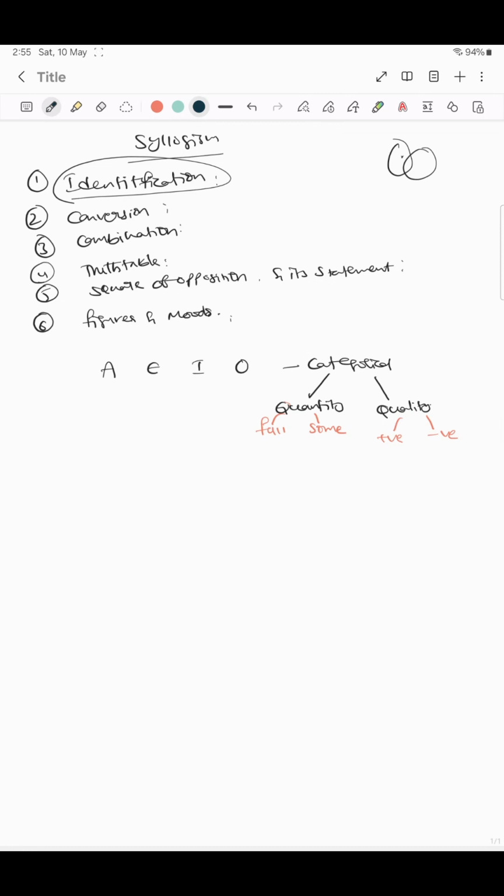A proposition is a valid statement, right? A statement is something like: all birds are flowers. These birds and flowers are arbitrary.